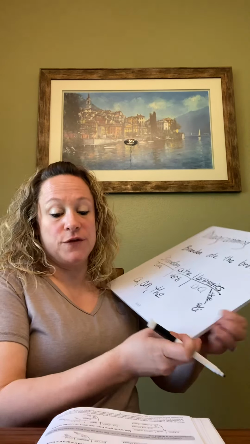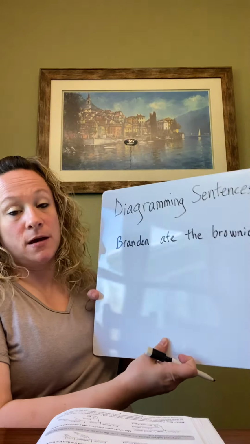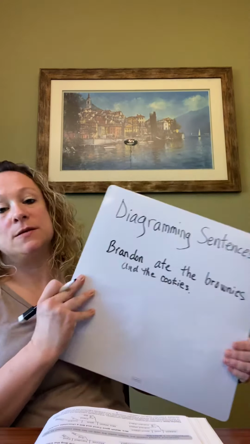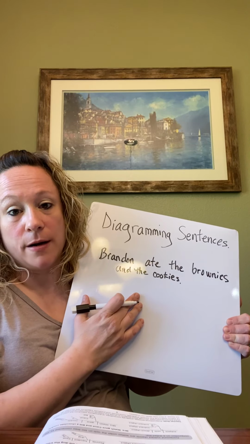I want to go over a few more so that you have some practice. We're just going to add to Brandon ate the brownies. So Brandon ate the brownies and the cookies. Okay, so we have a couple things going on in our predicate.